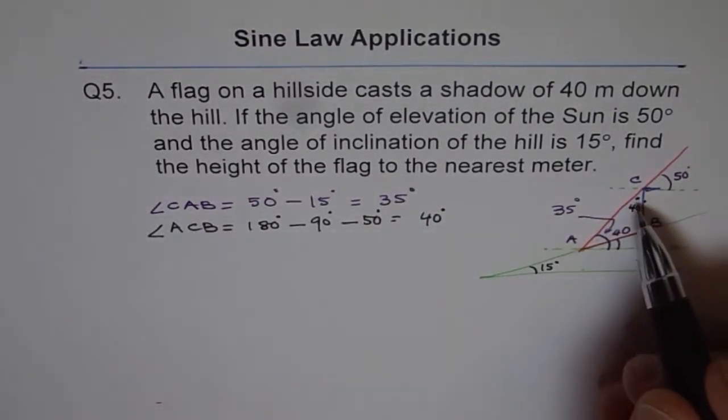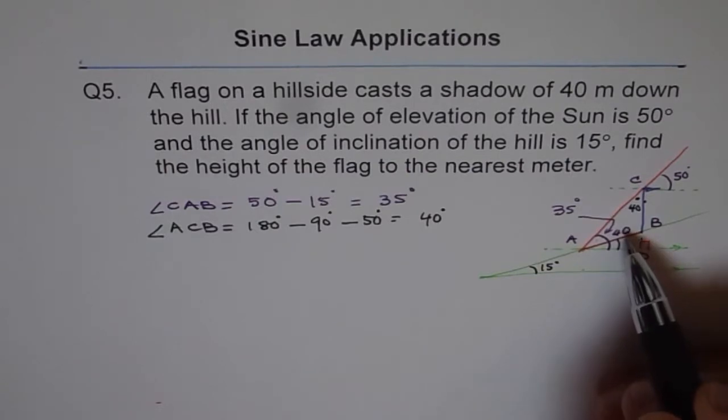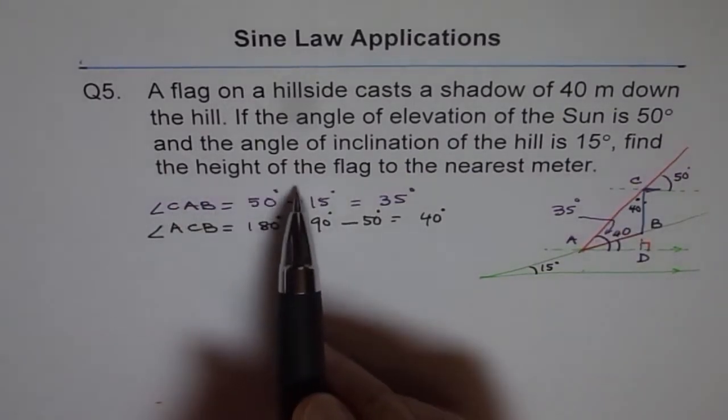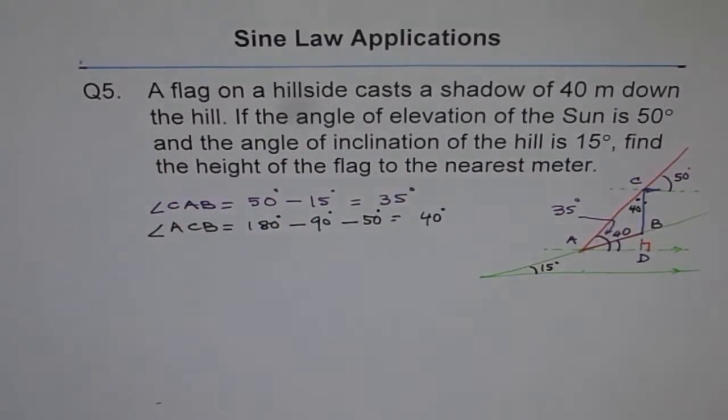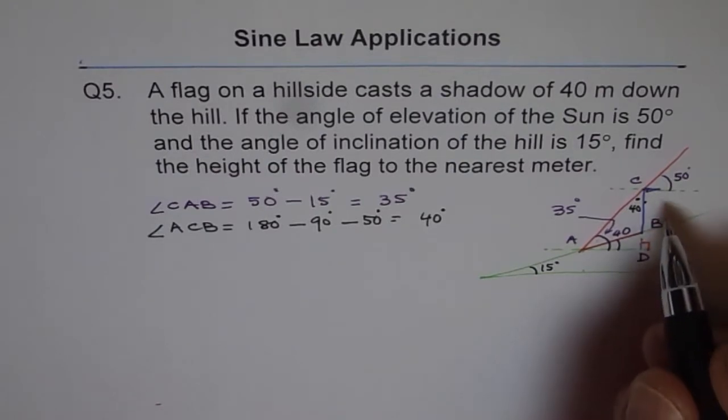Once we know this angle, it is easy to calculate the height of the flag to the nearest meter. Now it is very simple. We can find BC using sine law.